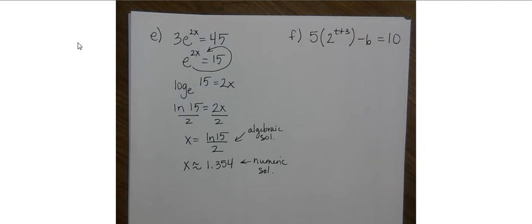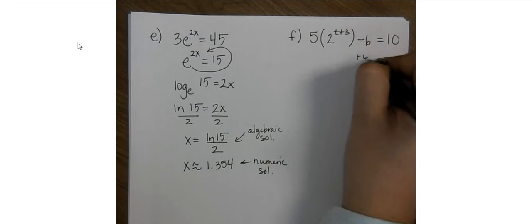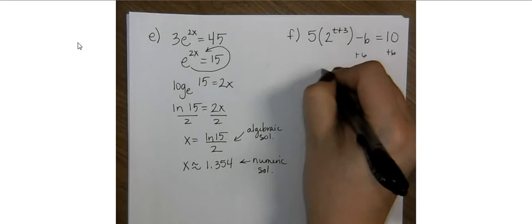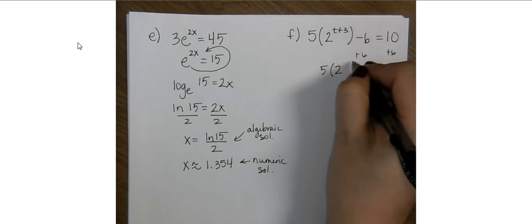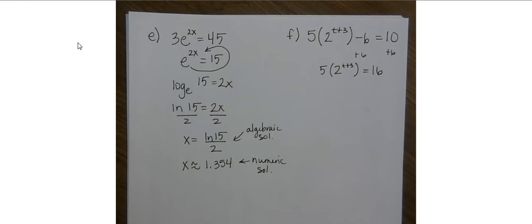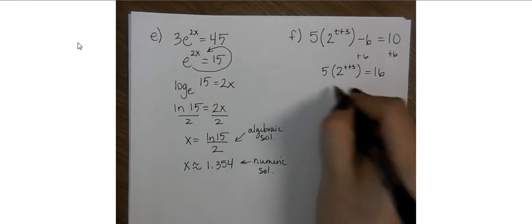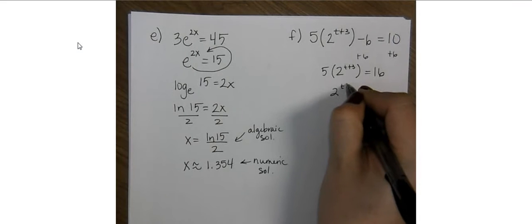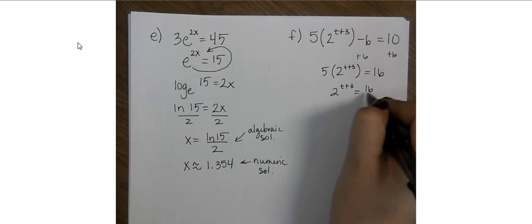All right, so for this problem, you're going to try to isolate the exponential. So I'm going to add the 6. So I have 5 times 2 to the t plus 3 equals 16. So at that point, I'm going to want to divide by 5. So I have 16 over 5.